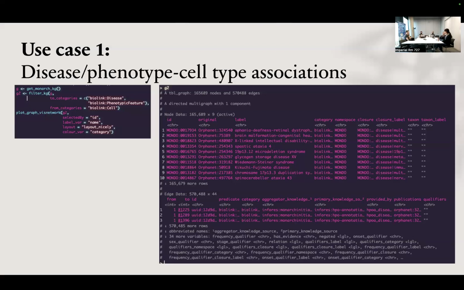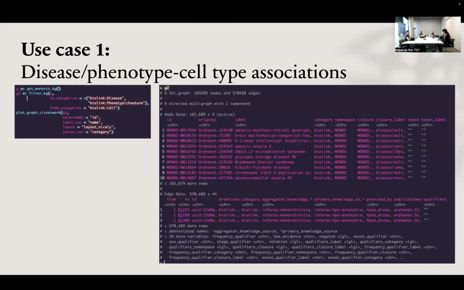By using the knowledge graph from Monarch and building into this package, I was able to extract any nodes that were connecting, that were a disease, a phenotype, or a cell type. And in particular, I was interested in diseases and phenotypes that were within the human phenotype ontology and its annotations that had known cell types.